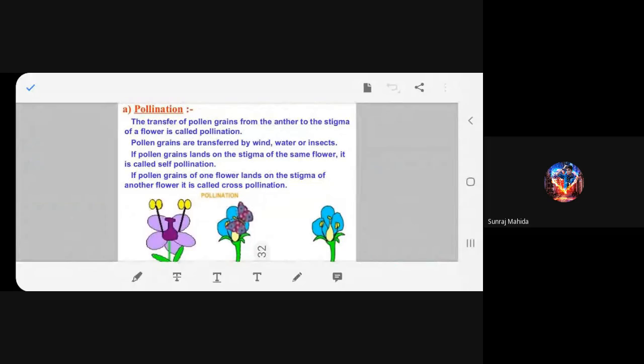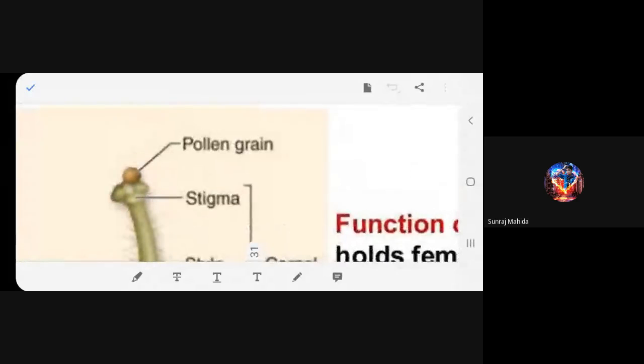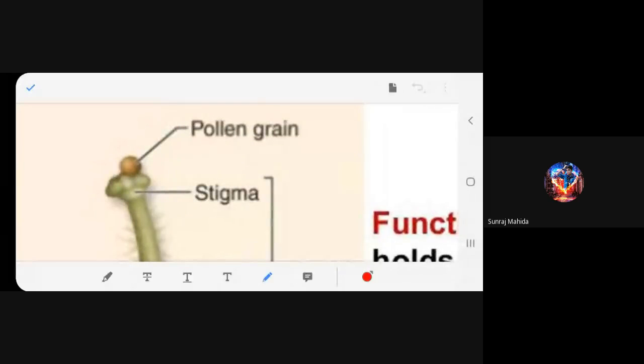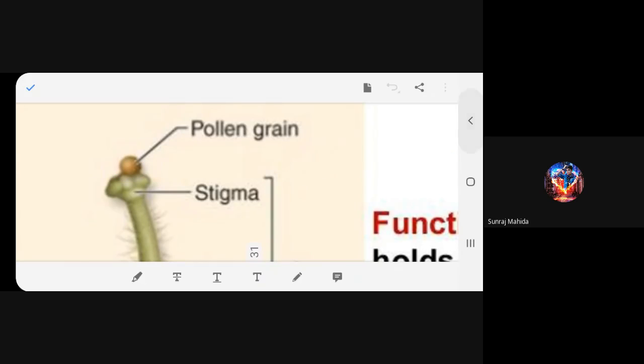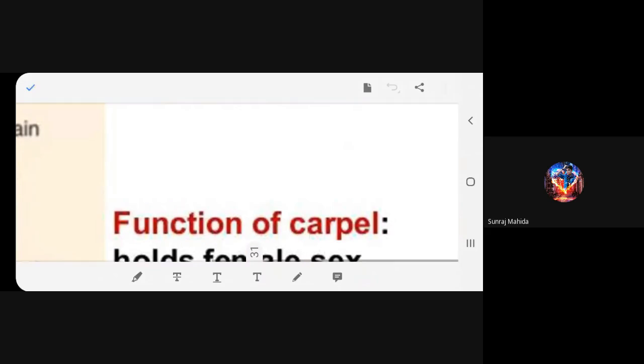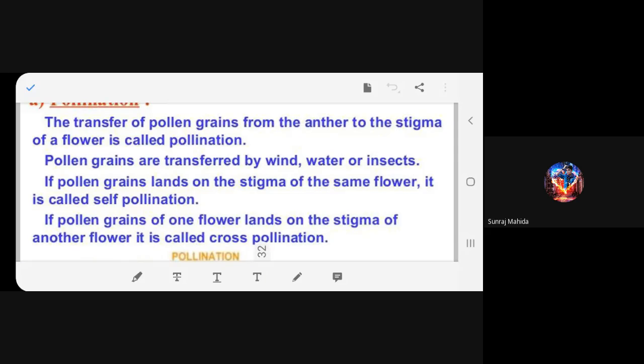Okay. Now, what is pollination? I just showed you here. The pollen grain lands on the stigma. That is called pollination. Right? From where is it coming? Pollen grains from the anther.